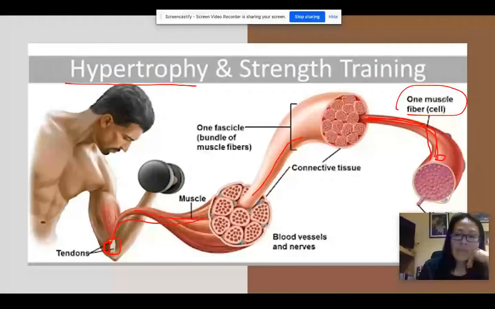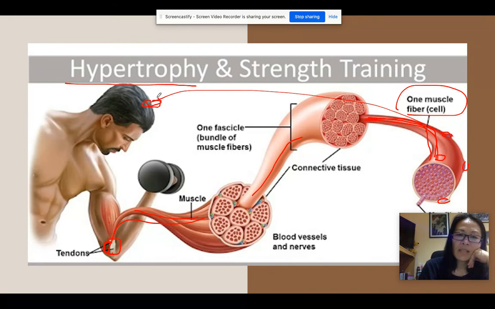Okay, and the nerves, yan, yung mga nerves yun siya, that is connected to your brain. So every time you move, your brain is actually also working. The more work the brain has, the better it functions.